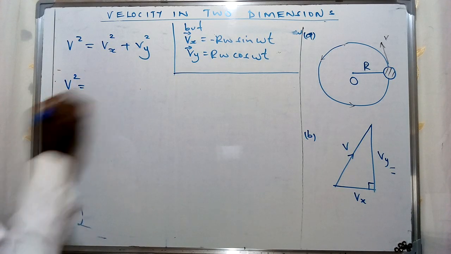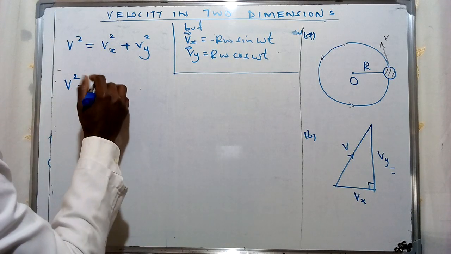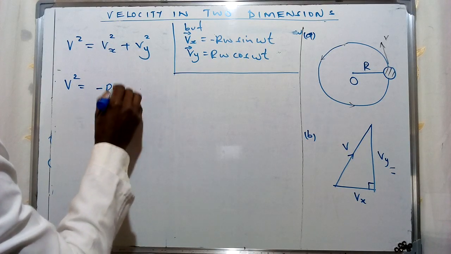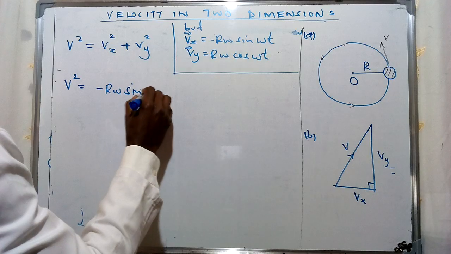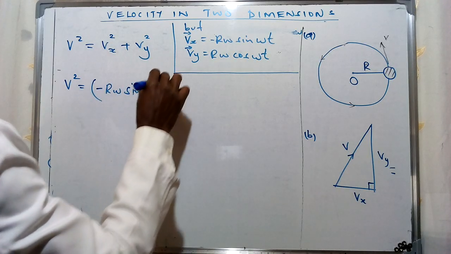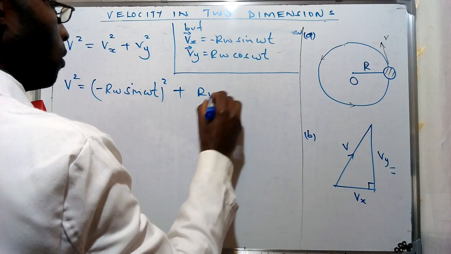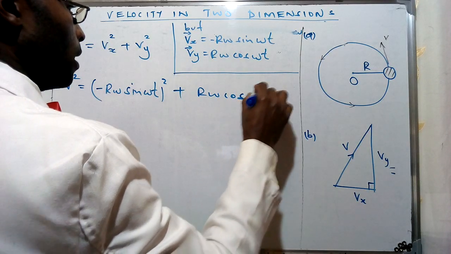So we're going to have the square of the velocity given in terms of the square of the v component, which is negative r omega sine omega t, and then we're going to have r omega cosine omega t.